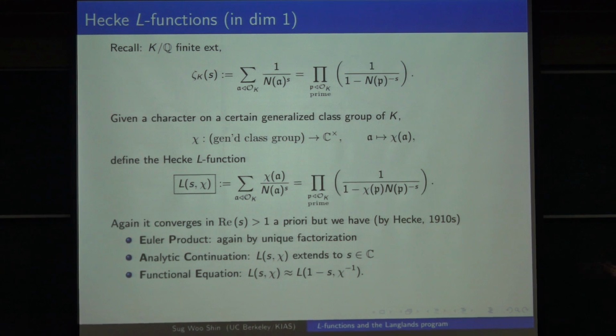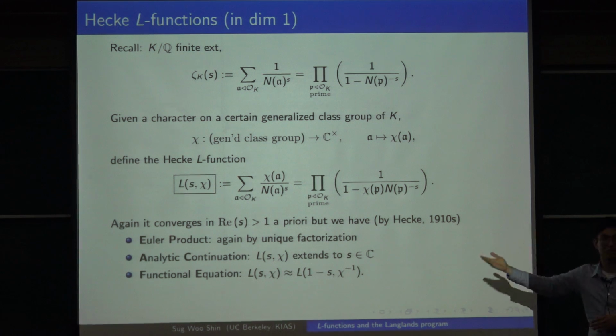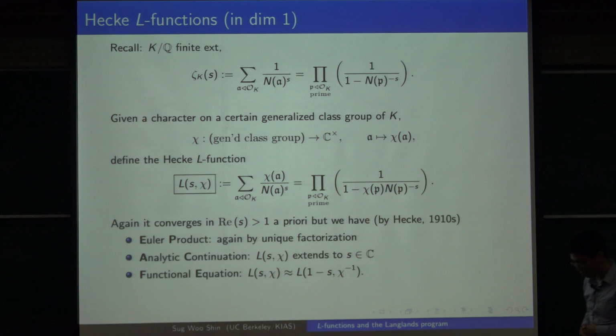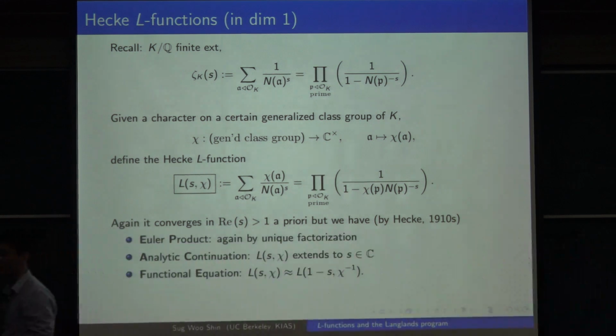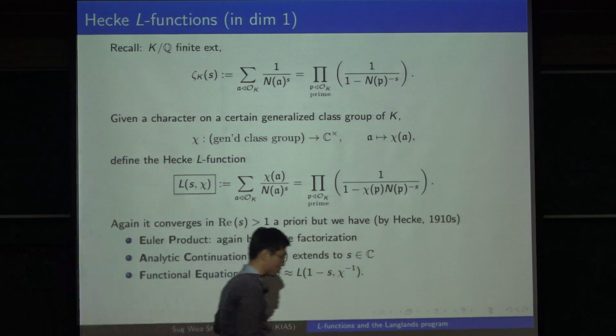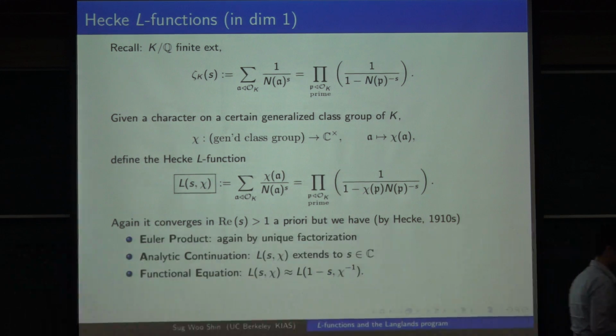And maybe I can say that when K is equal to Q and you do this, then you get Dirichlet's L-functions. Well, what is it good for? Dirichlet L-functions are used to prove that there are infinitely many primes in an arithmetic progression. For that, you use some properties of this kind of L-function.